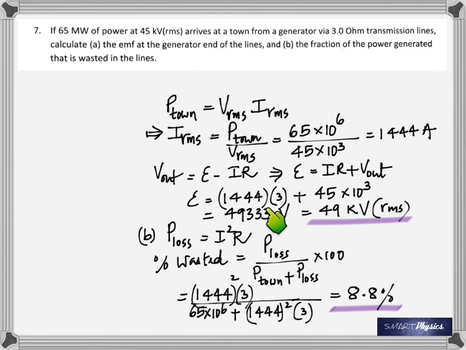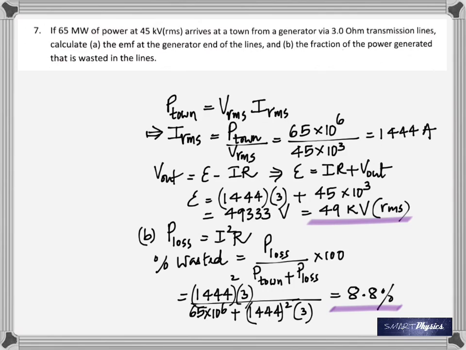Since we already know the current multiplied with the resistance of the transmission lines, you will get the dropped voltage. So at the generator end, we should have had 49,333 volt. But what reaches the town is only 45,000 volts.